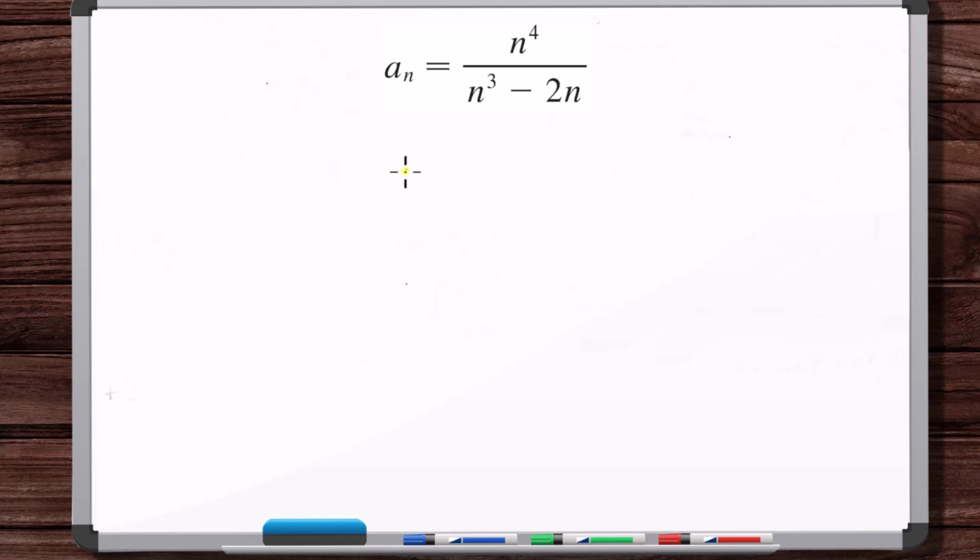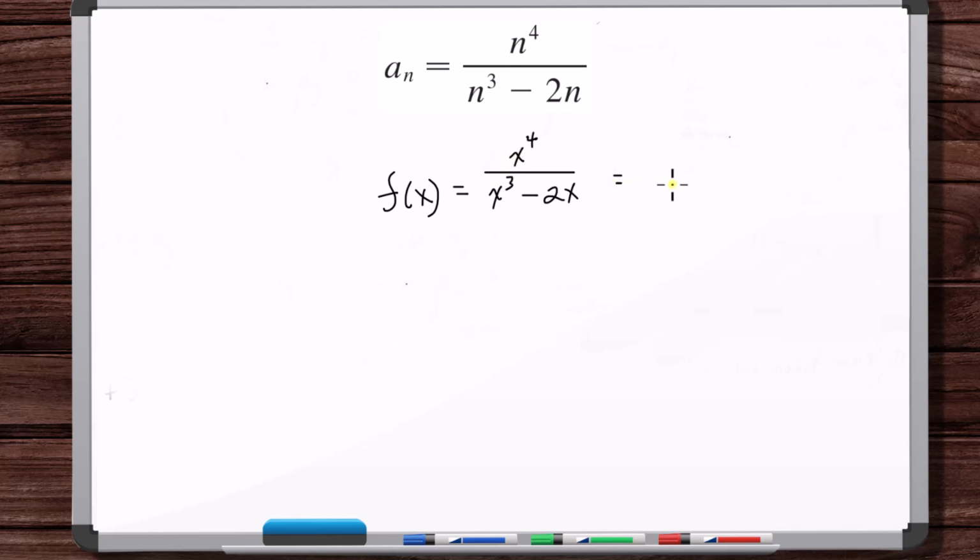Okay, same idea. Can we take that n and replace it with an x? Are these interchangeable? Yeah.